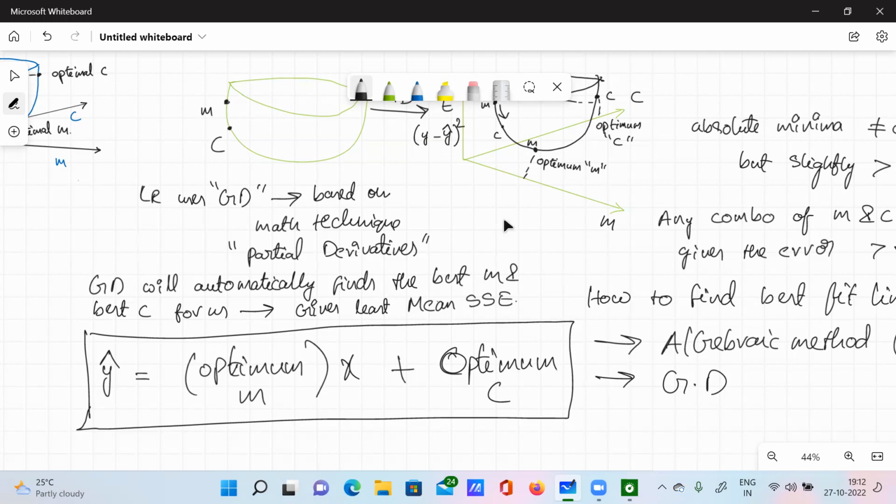So what is this optimum M and optimum C? These two are actually learned from our data. We are given a dataset, and after fitting that dataset to our machine learning model, our model will learn from the data some optimal M and optimal C at these particular points, right?